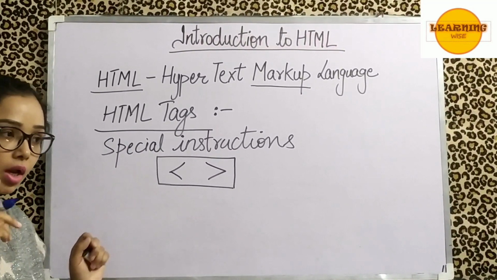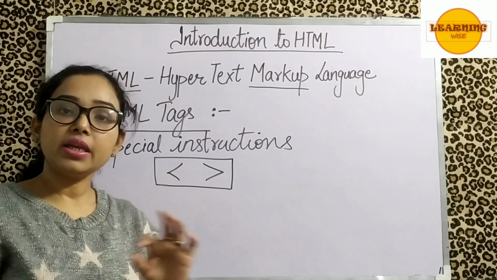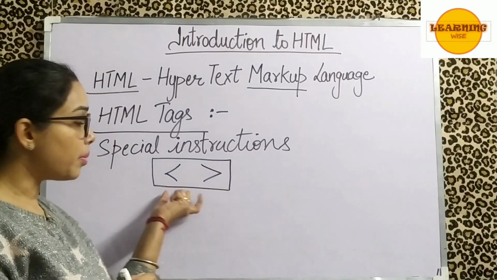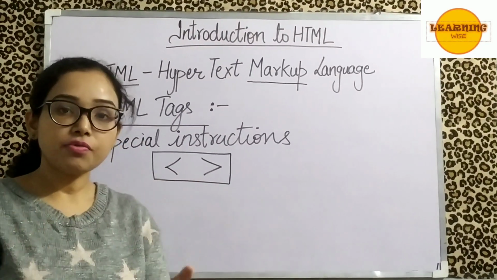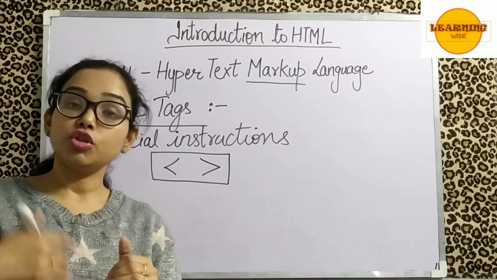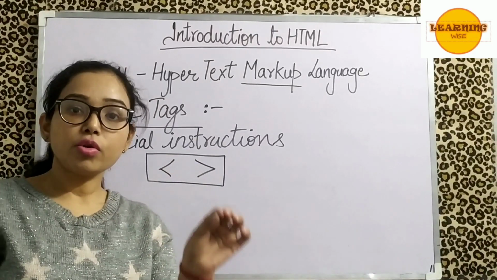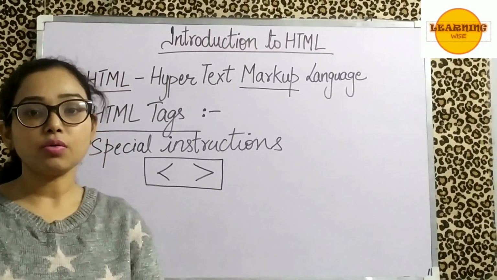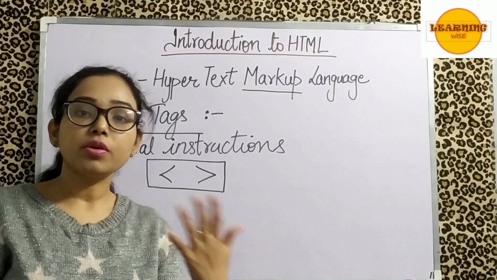Another thing I would like to tell you is, don't think that you can write any XYZ thing into these angular brackets and it will become a tag. No. We have predefined tags in HTML which you have to practice and memorize, and you will see the output on the browser when you use them in the particular manner.